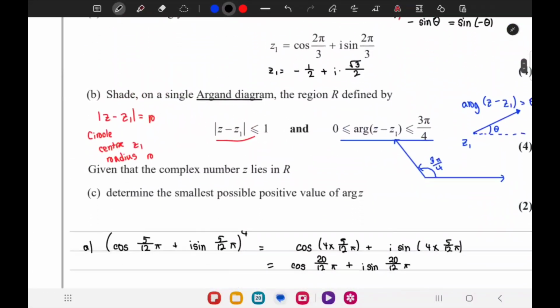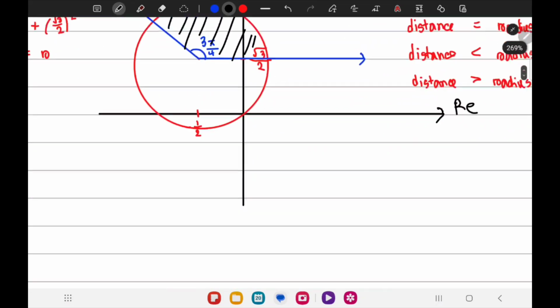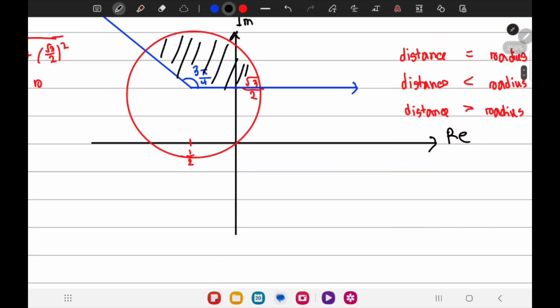Now for part C, we have any complex number inside the shaded area, and we want to find the smallest possible positive value of the argument. So the argument is the angle from the origin. So it's in this direction, anti-clockwise from the real axis.